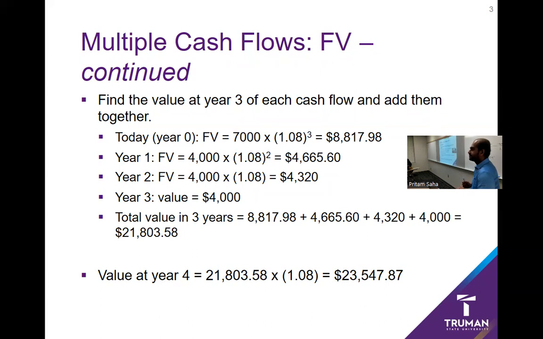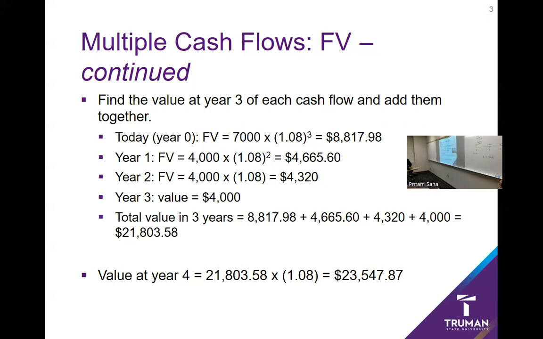Make sense? Now, if you want to do it in the financial calculator, and you feel like there are so many calculations, how can you do it quickly? Think about each of these cash flows as a one-time cash flow. For this one, N should be 3, I/Y should be 8, present value should be minus 7,000, payment should be 0, calculate future value.